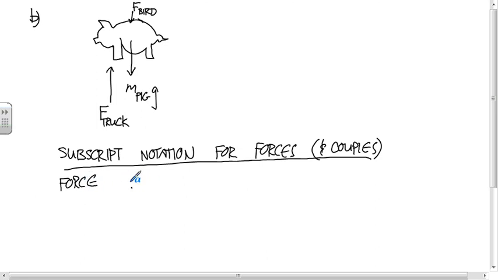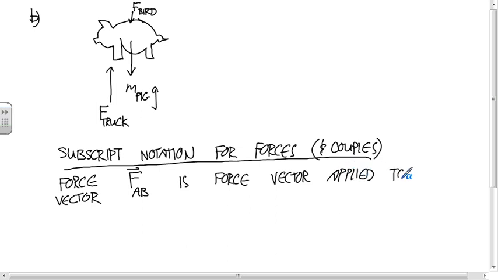The force that is labeled FAB, so this is a force vector, is the force vector applied to body A by body B. Okay, so the first subscript represents the body that's being acted on, and the second subscript represents the body that's applying the force.